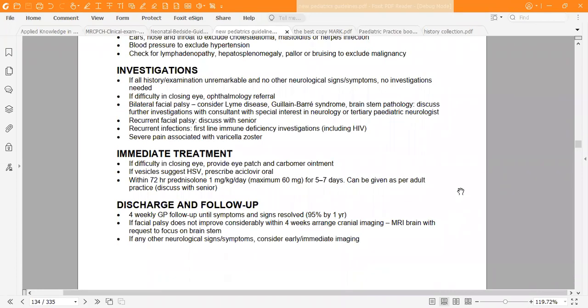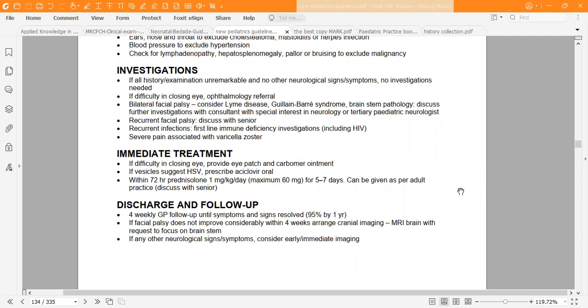Okay, then discharge and follow up. After discharge of a facial palsy patient, you will advise him to go for GP follow-up every 4 weeks until symptoms and signs resolve, 95% by 1 year.